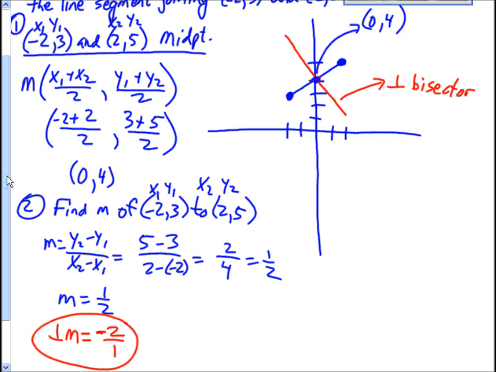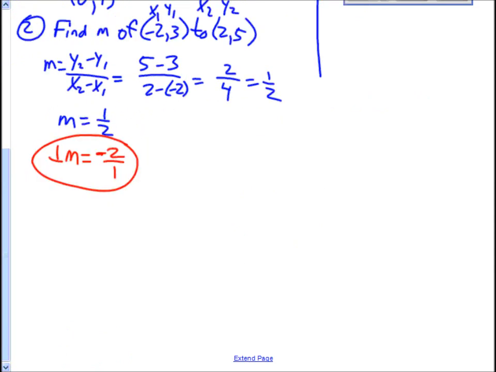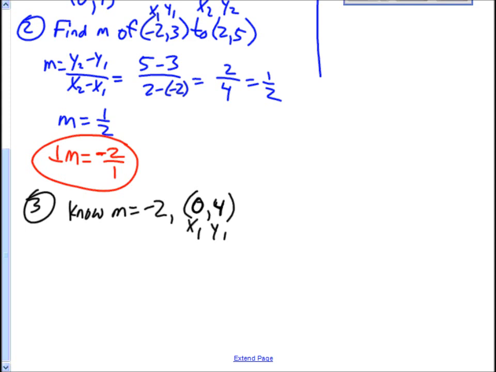So for our last step here, now we know for the third step, to draw this red line, I know my slope is going to be -2 of this red line. And I also know I have that point 0, 4 because that midpoint is on my red line, okay? So if I have a point and a slope, I'm going to use the point slope formula. So y minus y1 equals m times x minus x1.